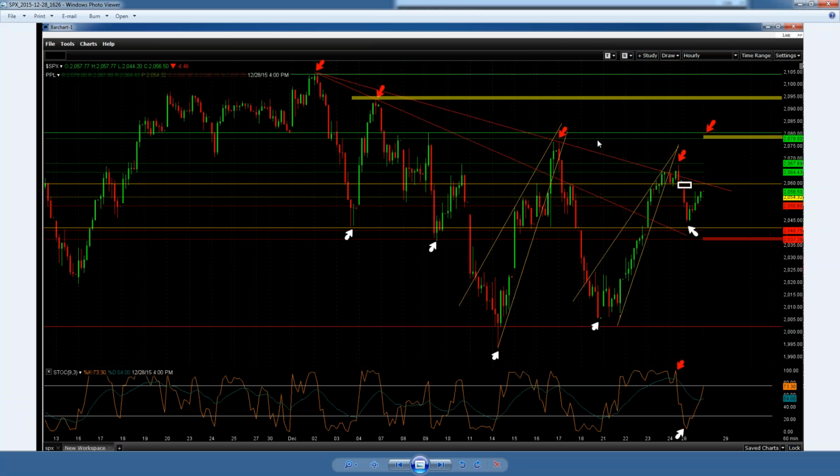Okay, so this is the one that I drew at the end of the day. Forecast, right? So that's a gap fill. That's why it looks like a gap. We haven't hit the resistance line yet. This is the actual pivot line. This is my line that I drew. I know it can be a little bit confusing at times. I'll try to put it in a different color. But this chart is pretty easy to understand.